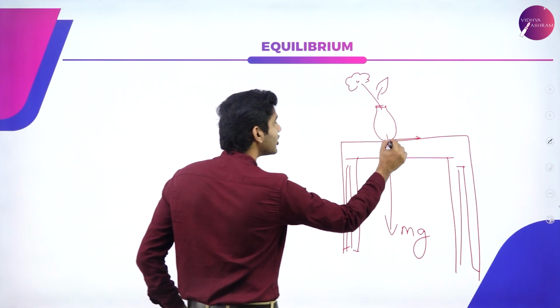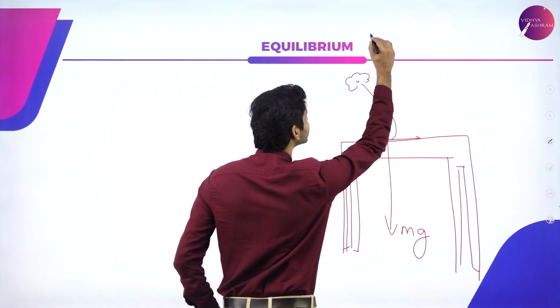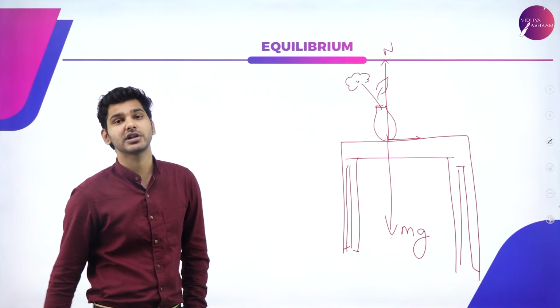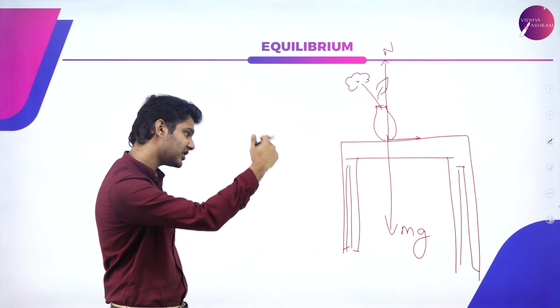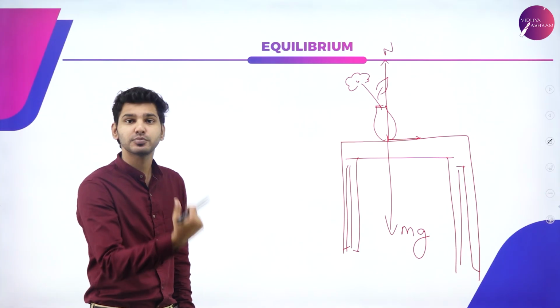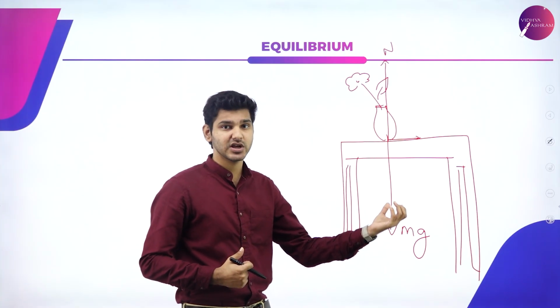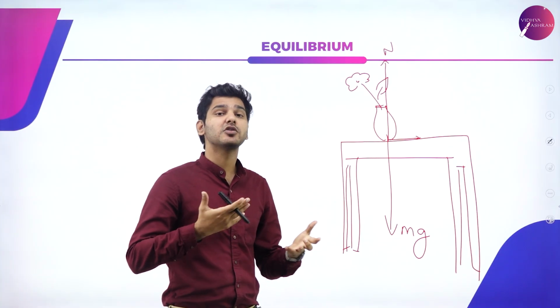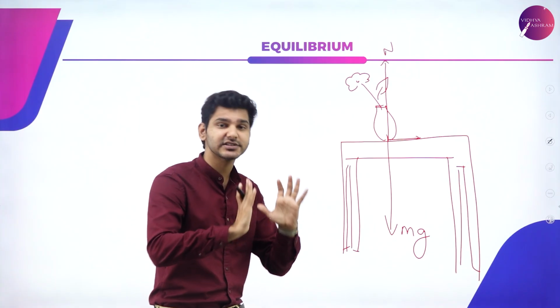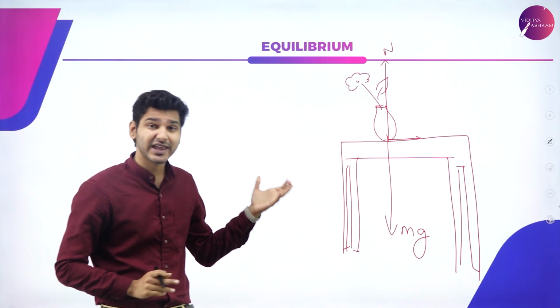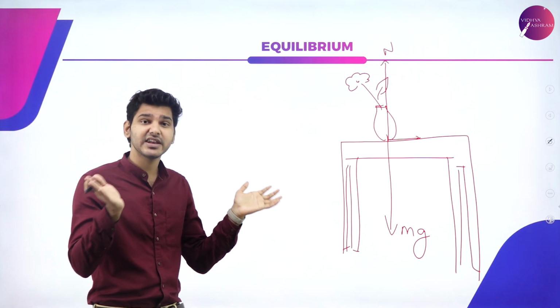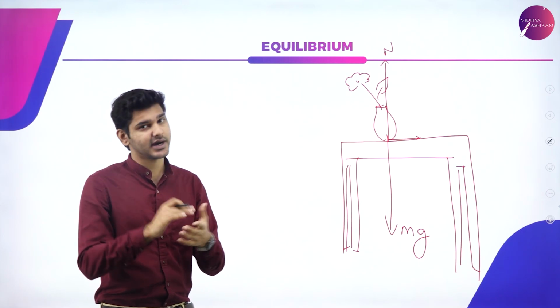That is, the normal reaction force is acting on that plane, which cancels out the effect of gravitational pull. That is why the flower pot is not sinking down. Just like that, the atmospheric pressure also exerts a force, and that is also cancelled out by forces acting in the opposite direction.